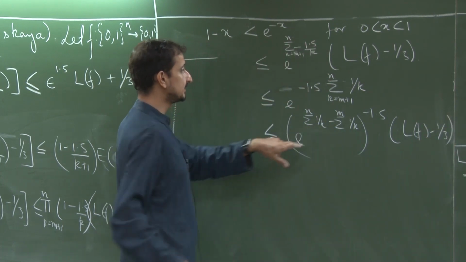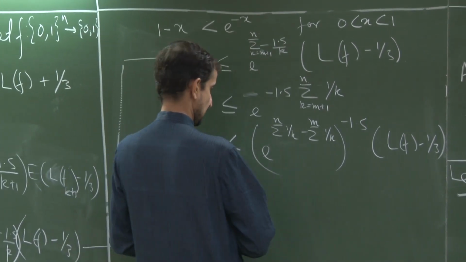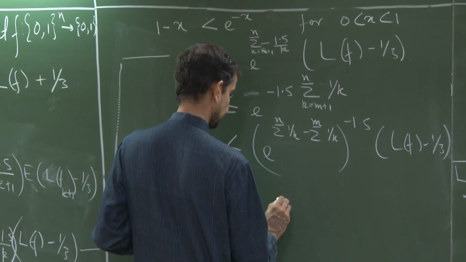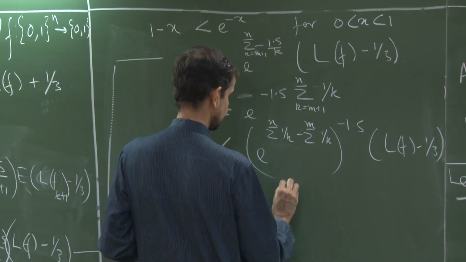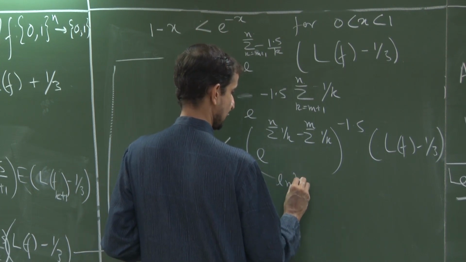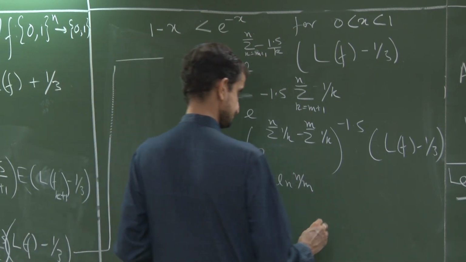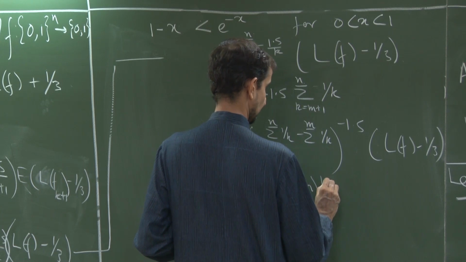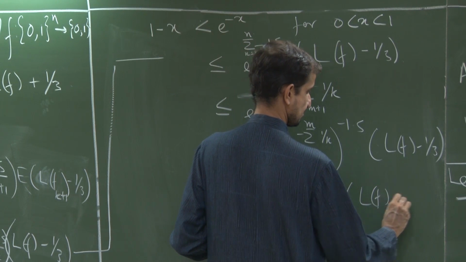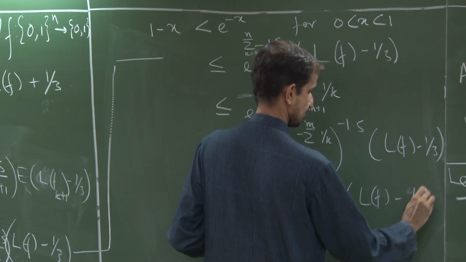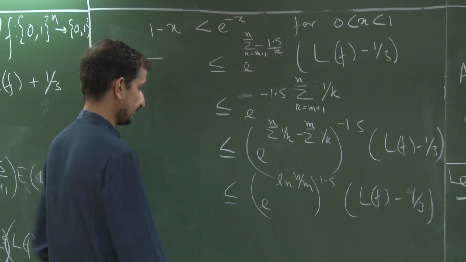This quantity is upper bounded by ln of n. So this would become e to the power ln n minus e to the power ln m, which is e to the power ln of n by m, whole to the power minus 1.5, times L of f minus 1/3. Taking the minus inside, I will have m over n.